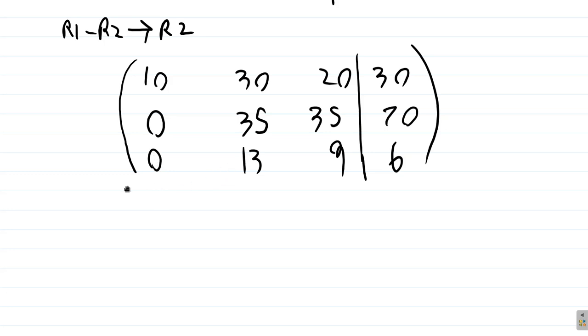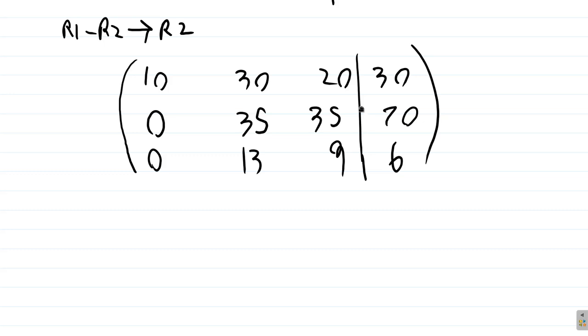Alright, you want a 0 here now. The 13, you want it to be 0. But it's kind of awkward working with these big numbers, right? These are very big numbers. You don't want to try and work with these very big numbers.